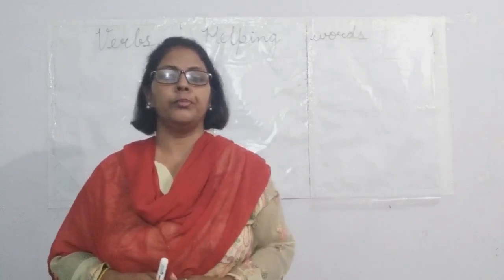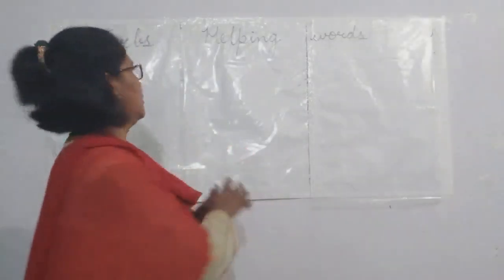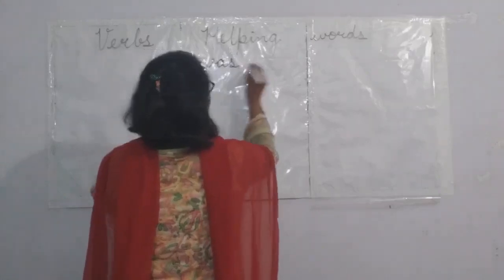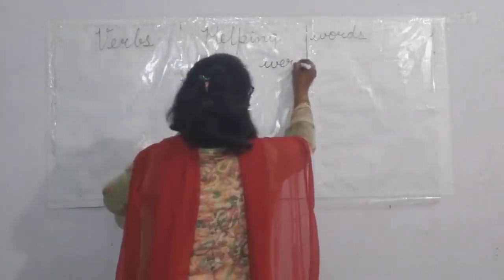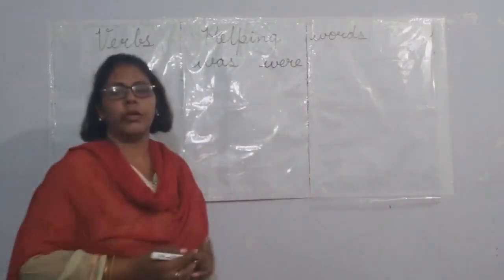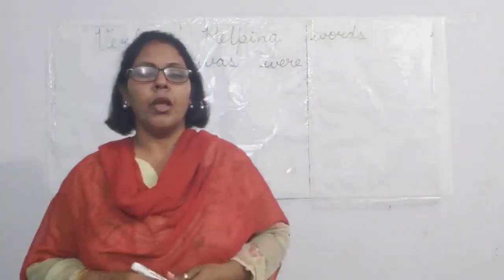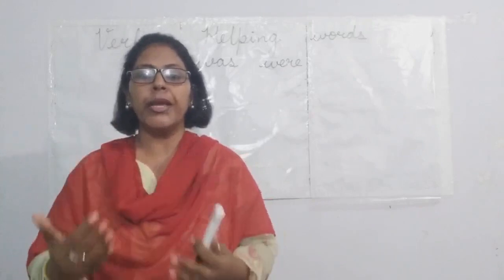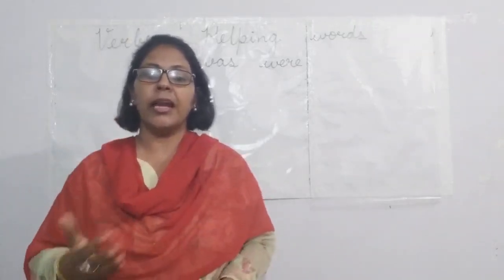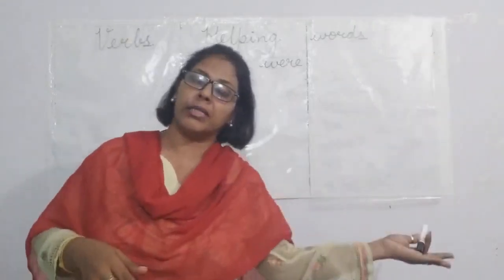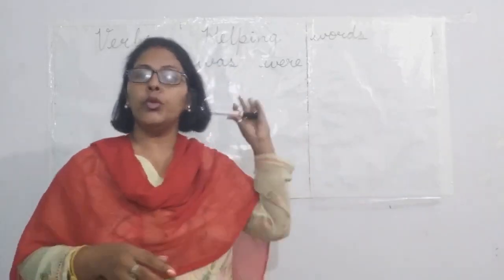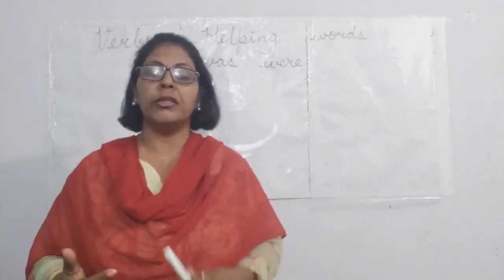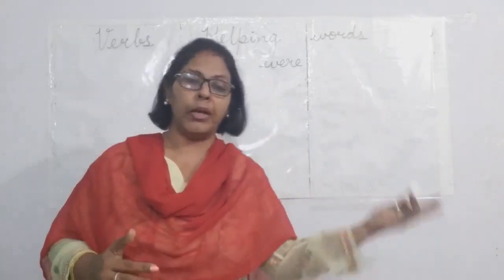The next ones are was, were. We use was and were when we speak about actions that took place in the past.